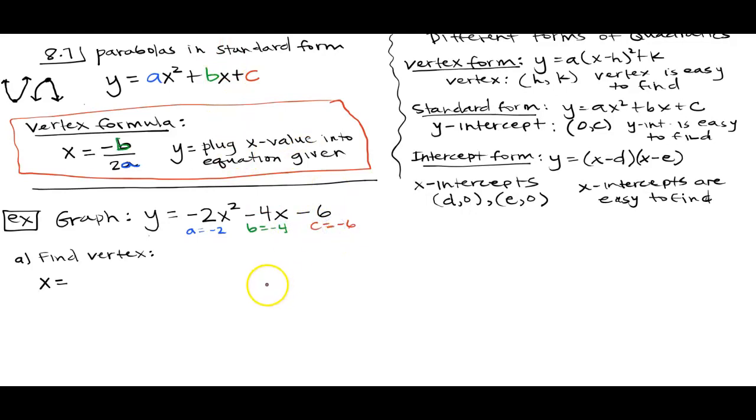And so I'm going to use this formula. So what am I going to get here? Negative b over 2a. Well, the opposite of negative 4 is positive 4 over 2 times my a, so 2 times negative 2. And then I just need to simplify this.